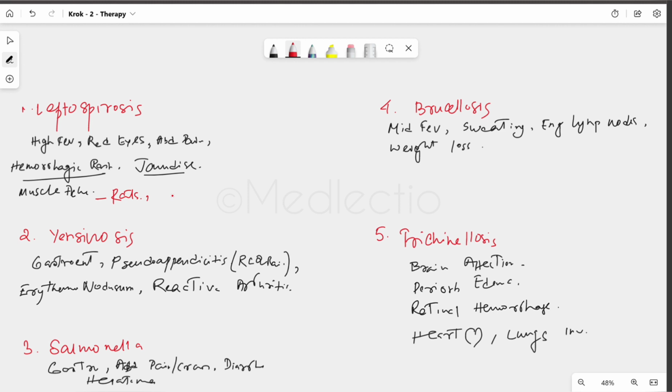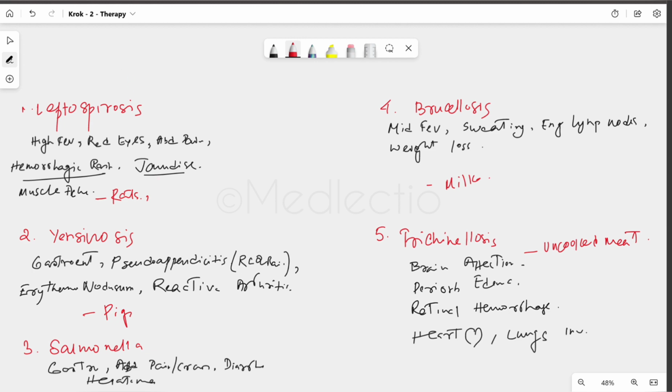If you swim in shallow water where animal urine can contaminate the water, it can enter your body through any openings. Yersiniosis is associated with pigs, brucellosis is milk, and trichinosis is through uncooked meat.